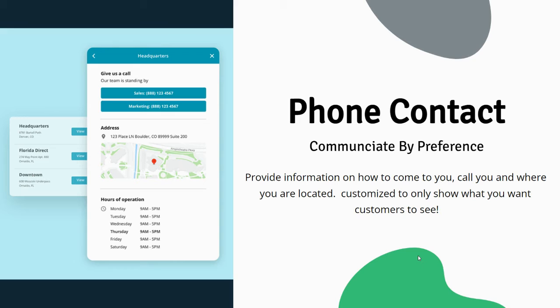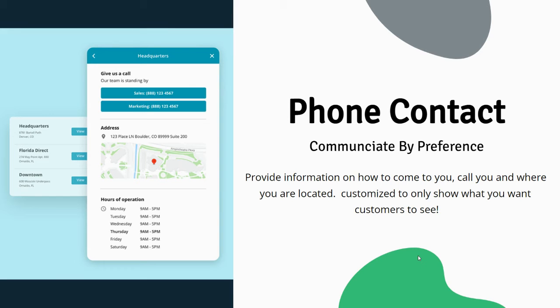So you can really customize this based upon your own business needs. For the address, the nice part there is that you can have a very specific address if you have a physical location, or it can just simply be on a city level, a state level, a country level, just to provide your visitors and your potential customers with context of where you are to see if it's relevant to their needs.